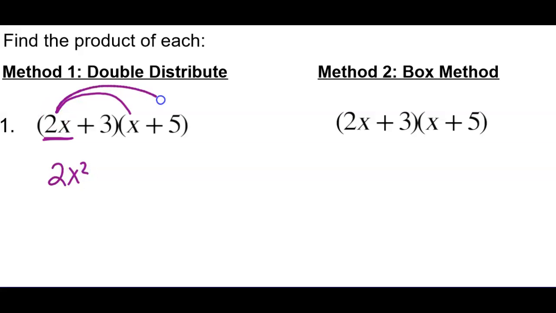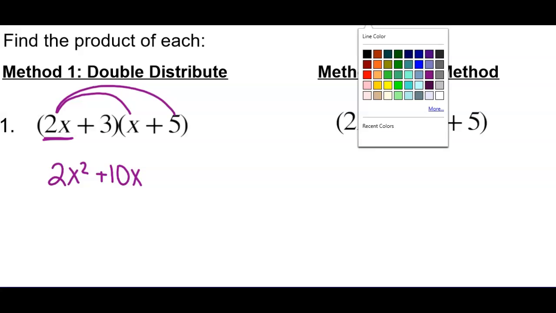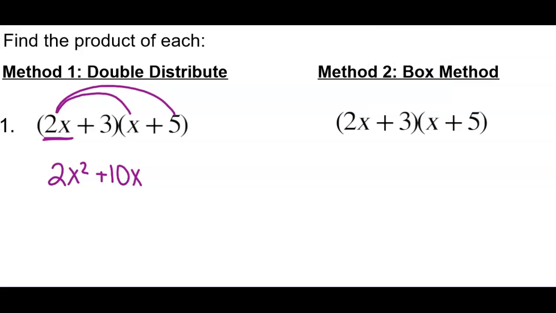Then I'm going to multiply my 2x by my 5, and I'm going to get 10x. Now, I am going to switch my rainbows to underneath to multiply my second term by my binomial, and I'm going to get 3x.